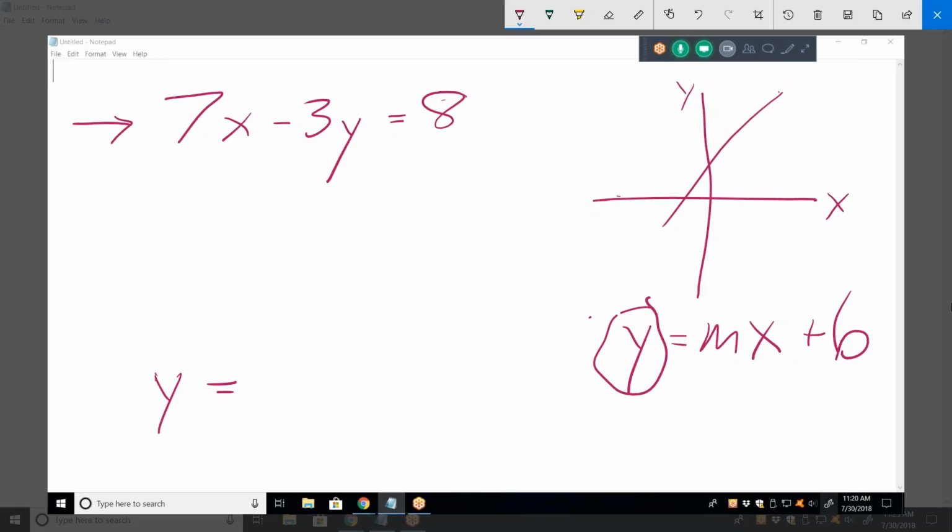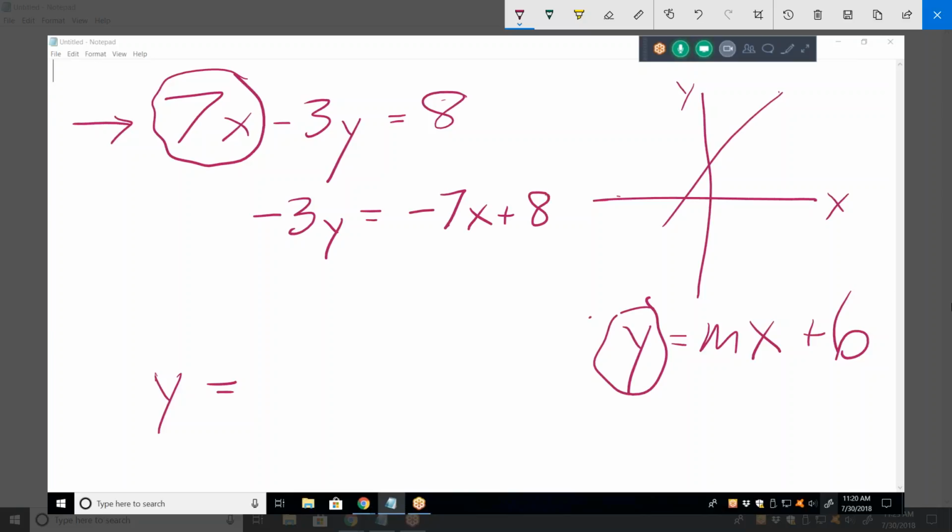I've got to get rid of everything that's not y. Well, the first thing I run into that's not y is that. How should I get rid of that? Subtract it from both sides. So now we've got minus 3y equals negative 7x plus 8.